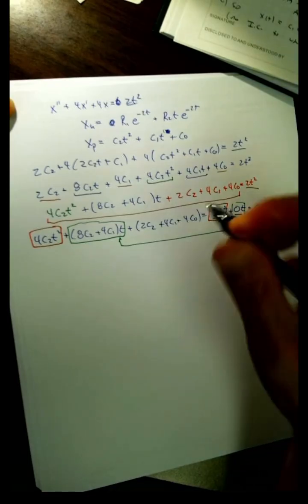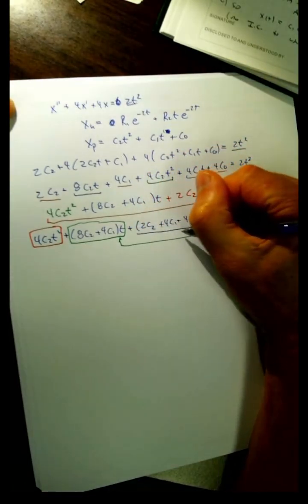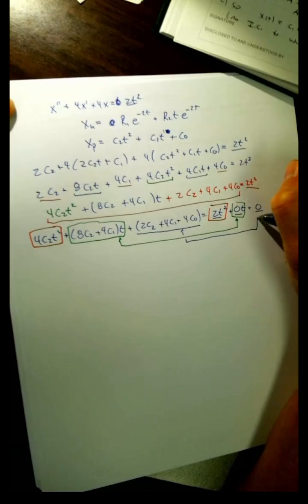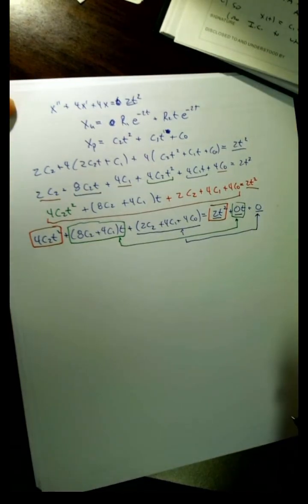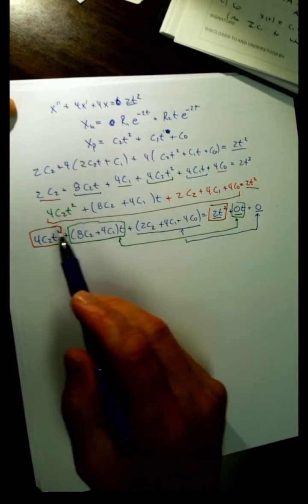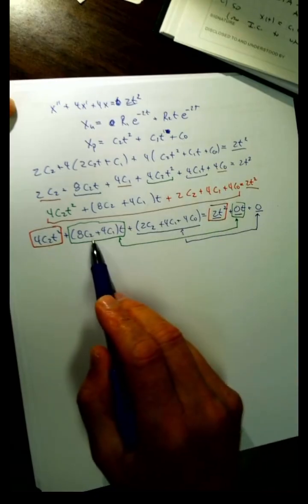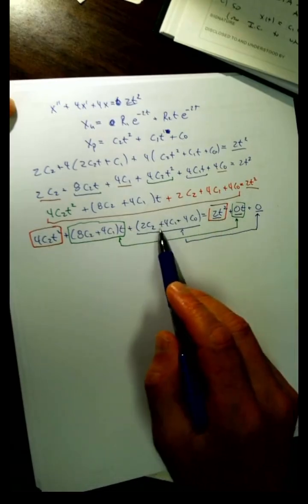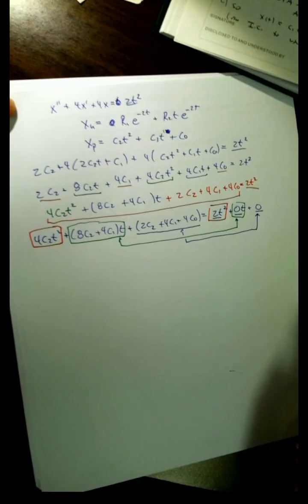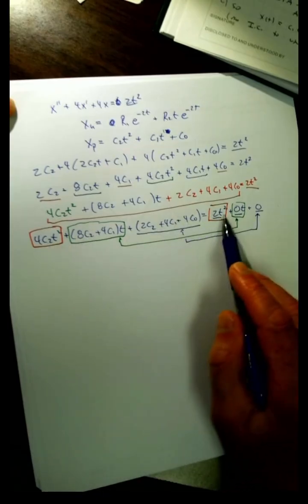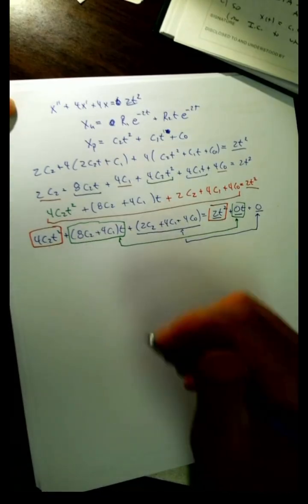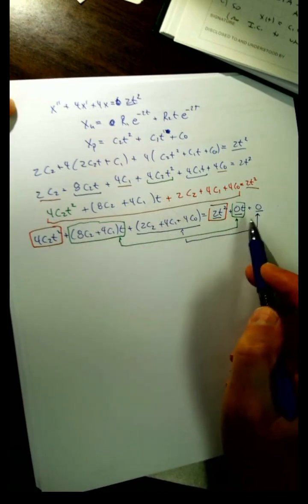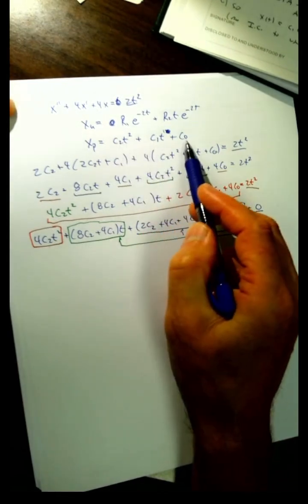And then finally, the constant terms have to be the same. So that gives me this has to equal that. The t term has to equal 0t. The constant term has to be 0 in order for the polynomial on the left to be the same as the polynomial on the right.